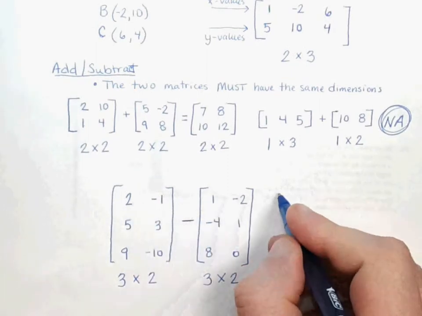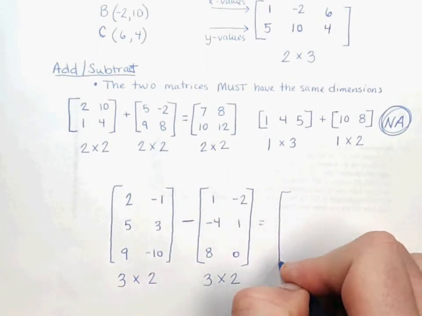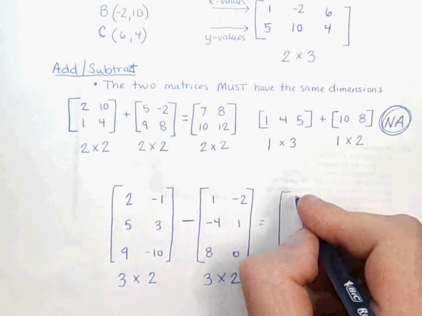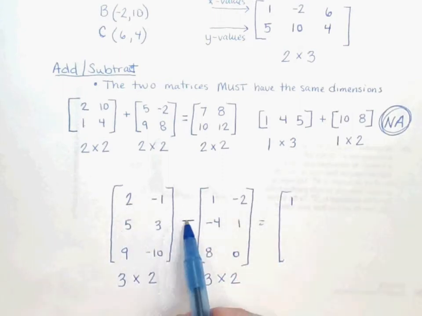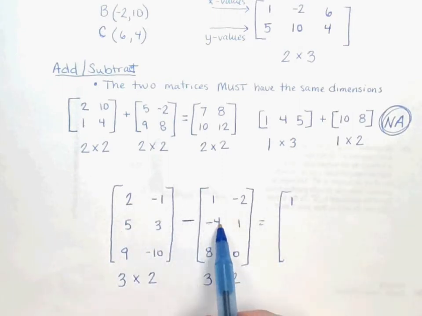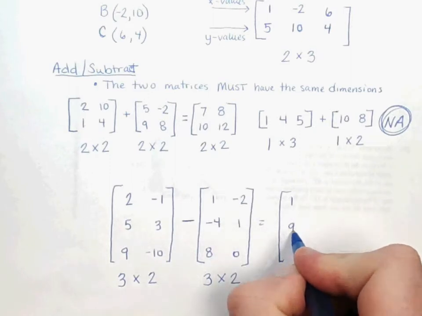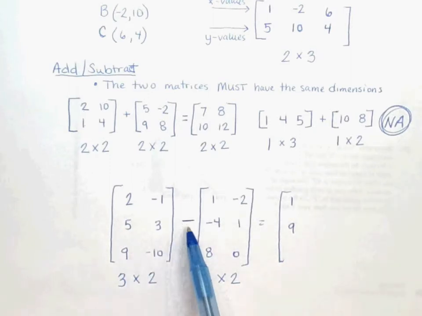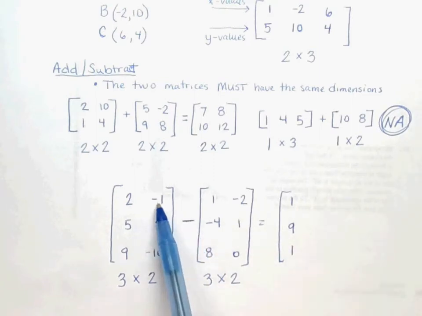2 minus 1 would be 1. 5 minus negative 4 would be 9. 9 minus 8 would be 1. Let's go to the next column.